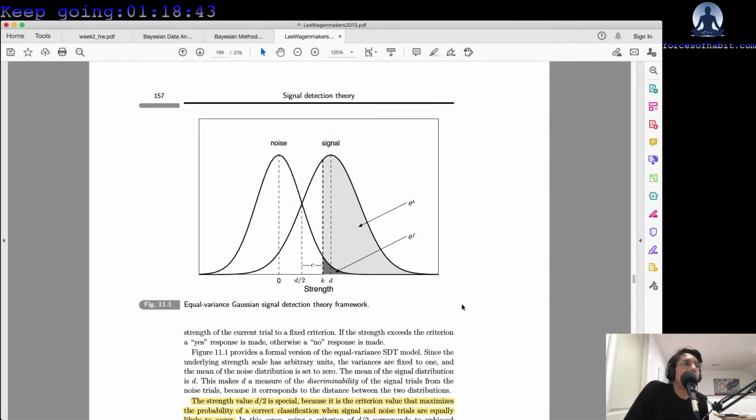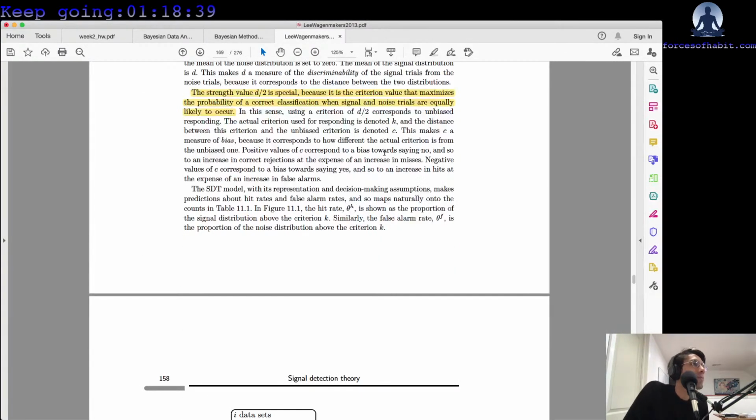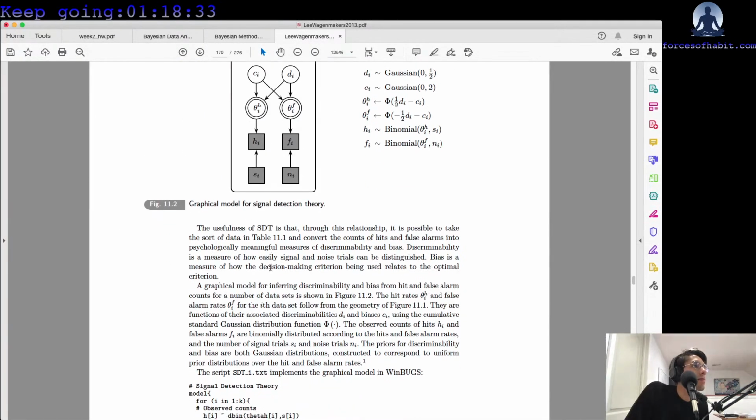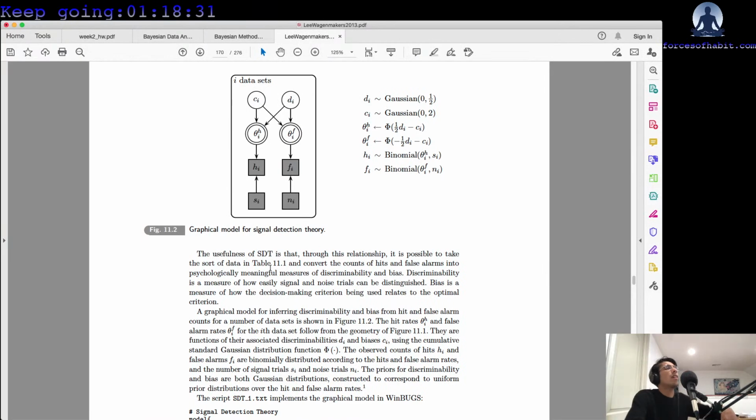Sweet. So what does this look like in a graphical model then? Right, so what's useful about just reading this little paragraph here? Here's what these parameters represent.